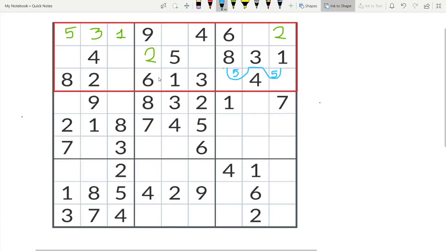Next, I'm gonna look at number 6. I see that number 6 for the bottom row over here and the top row over here. So the possibilities for the middle row, it has to be either this cell or this cell. Now, I do not have any way to further narrow down which of the two cells is going to hold number 6.